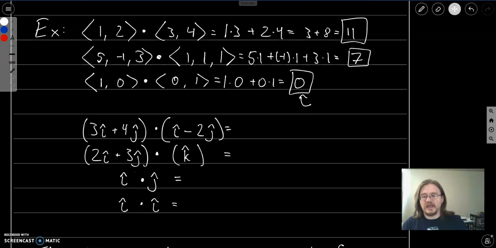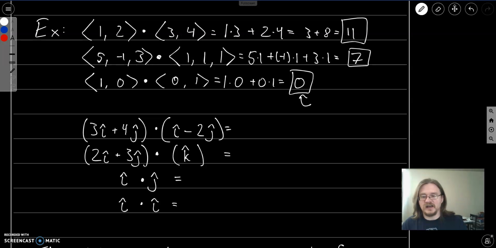Down here we have some vectors written in the i, j and k notation. So I'm going to think of this in exactly the same way as we were before. We multiply each coordinate and then add them up. So here we're multiplying the x coordinates, so that's going to be in the i direction.